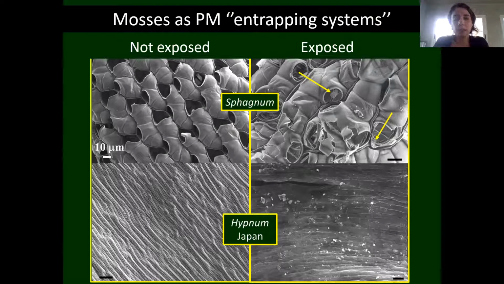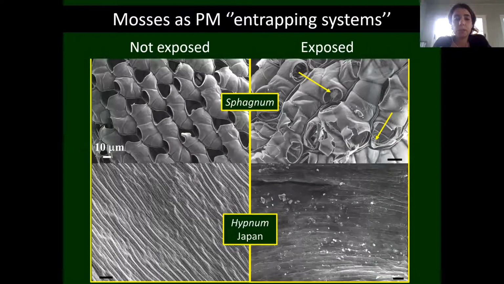As you can see from the images, the yellow arrows indicate particles that can be entrapped not only outside the moss cells, but also within these cells, because Sphagnum is a specific moss with a particular structure. If you look under the microscope, it has this aspect of a sponge, with a lot of dead, empty cells that can accumulate particulate matter.